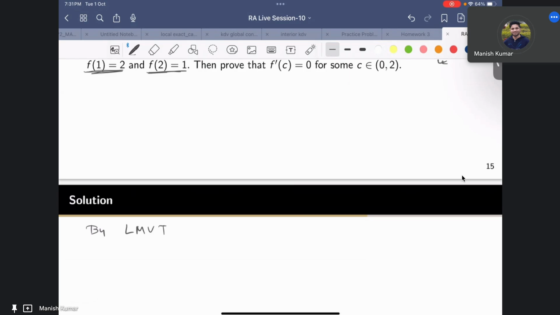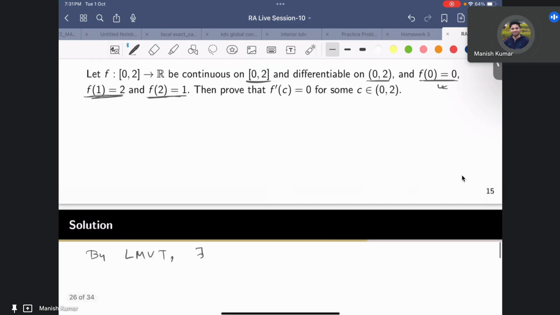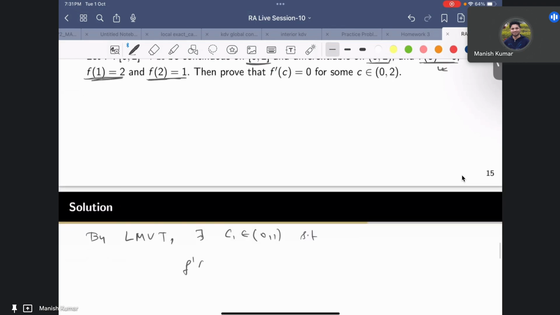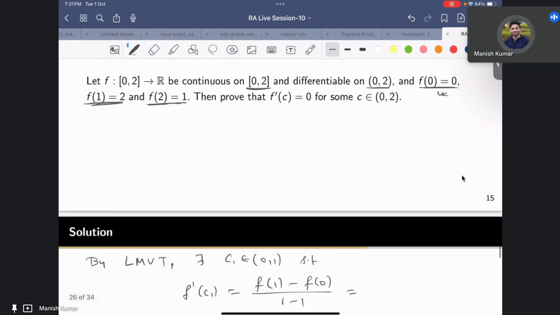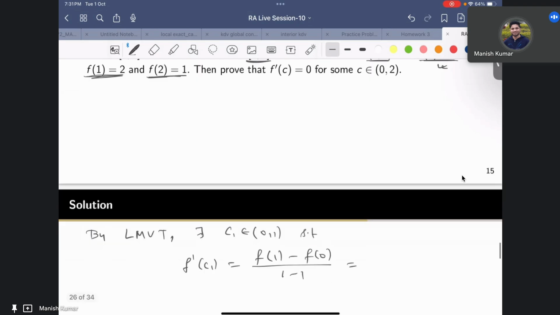There exists some c1 belonging to 0 comma 1, such that f prime at c1 is equal to f1 minus f0 upon 1 minus 0, and f1 is 2 and f0 is 0. Sorry, this is 1 minus 0.